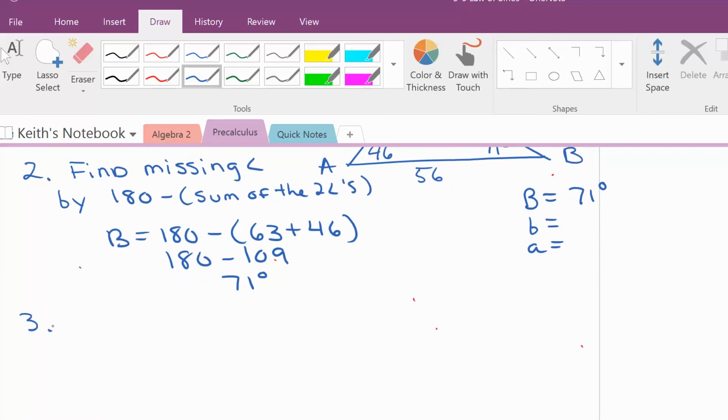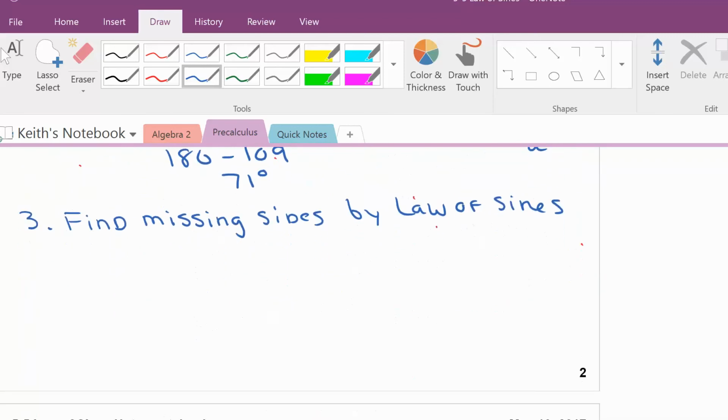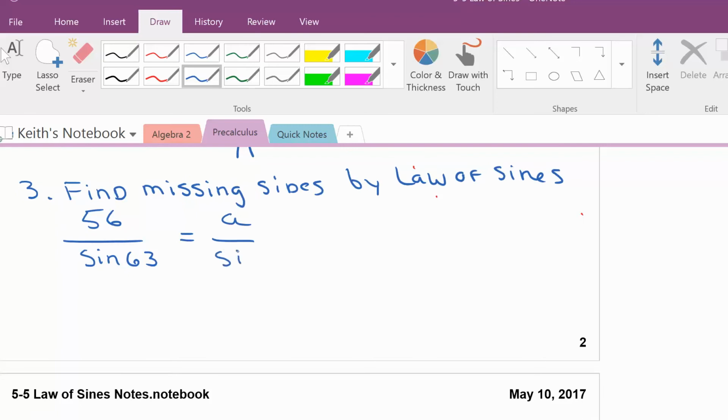Then, to find the missing sides, we're going to use the law of sines. We're going to take 56 over sine 63 and set that equal to, and if we want to find A, we'll go A over sine 46. And then same thing, but if we want to find B, it would be B over sine 71.